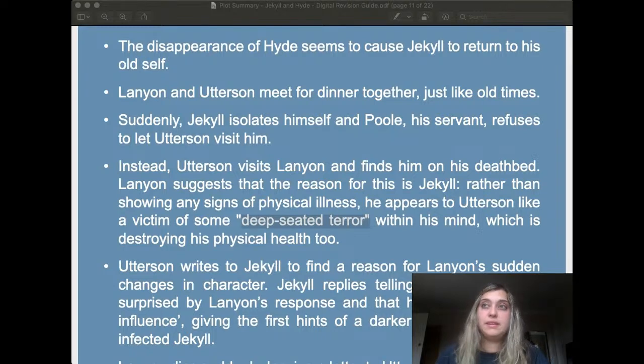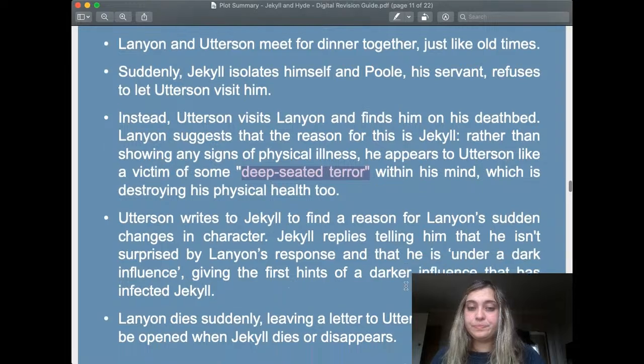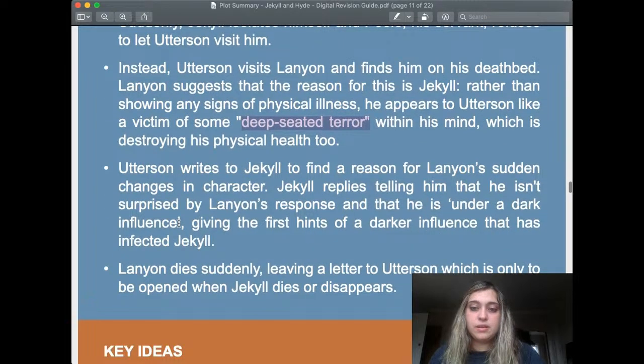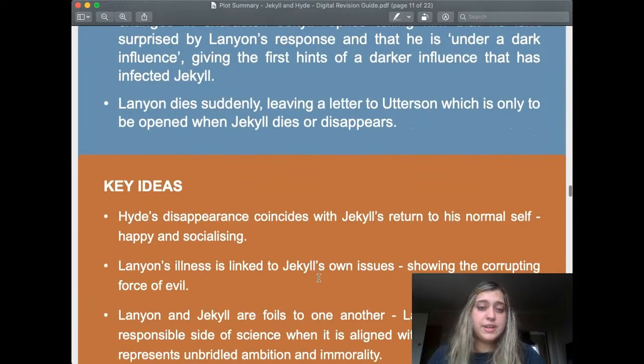He's basically gone mad with power because he is a bit of a genius, and he is really capable as a scientist, but his lack of morals leads him down a very dark path. That's usually how a Victorian would analyze his character. So yeah, Lanyon warns Utterson and then dies mysteriously, which is very tragic.